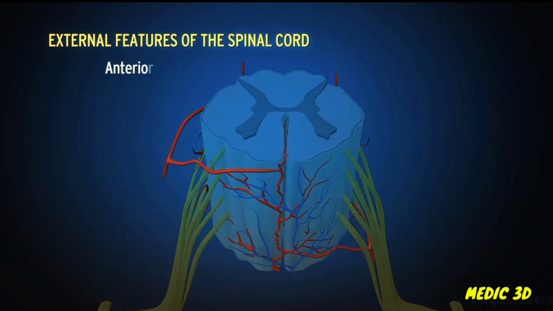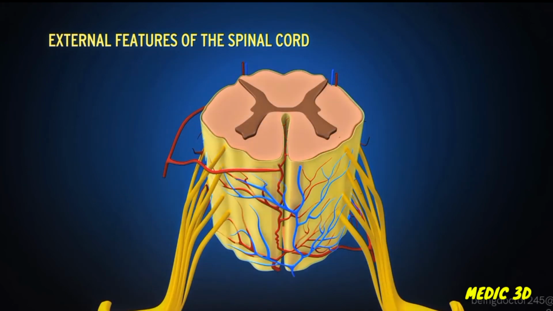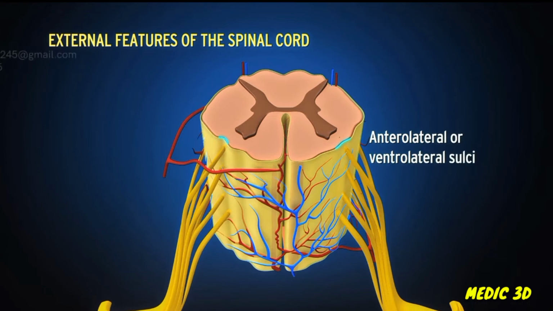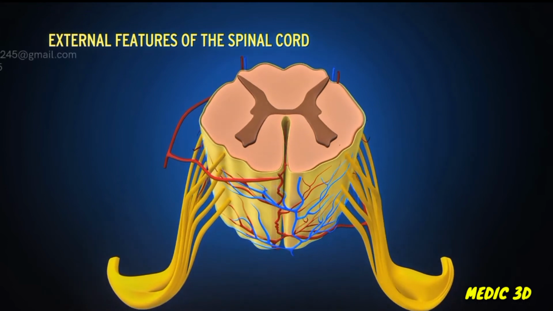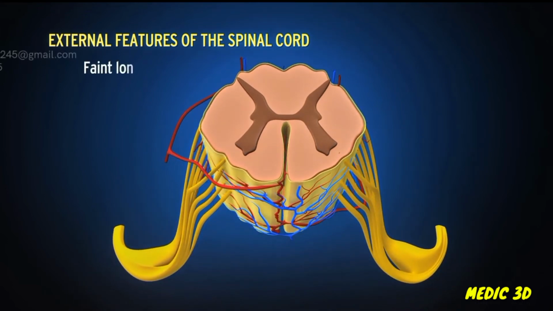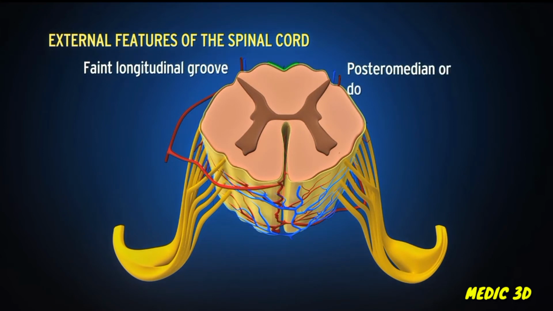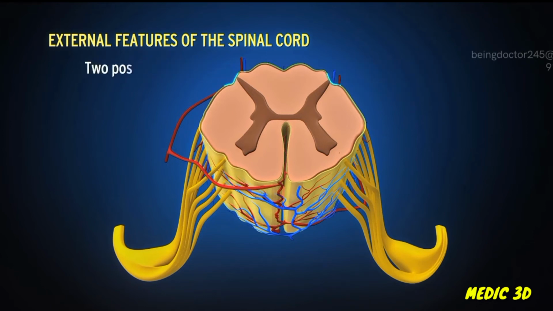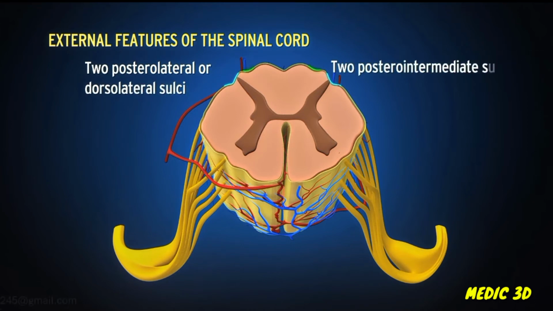The anterior spinal artery runs in the fissure. On the anterior aspect, it also presents two anterolateral or ventrolateral sulci. The posterior aspect presents a faint longitudinal groove known as posteromedian or dorsomedian sulcus, and two posterolateral or dorsolateral sulci and two postero-intermediate sulci.